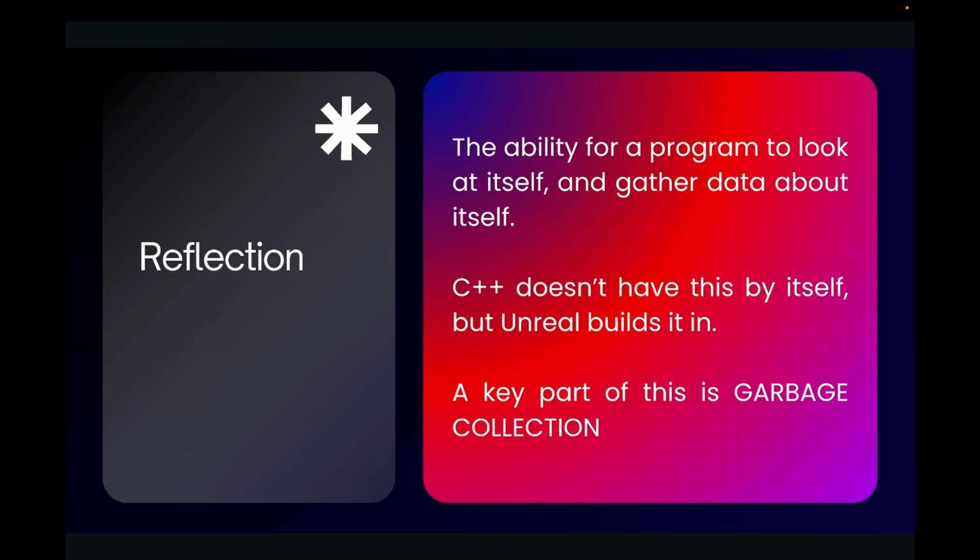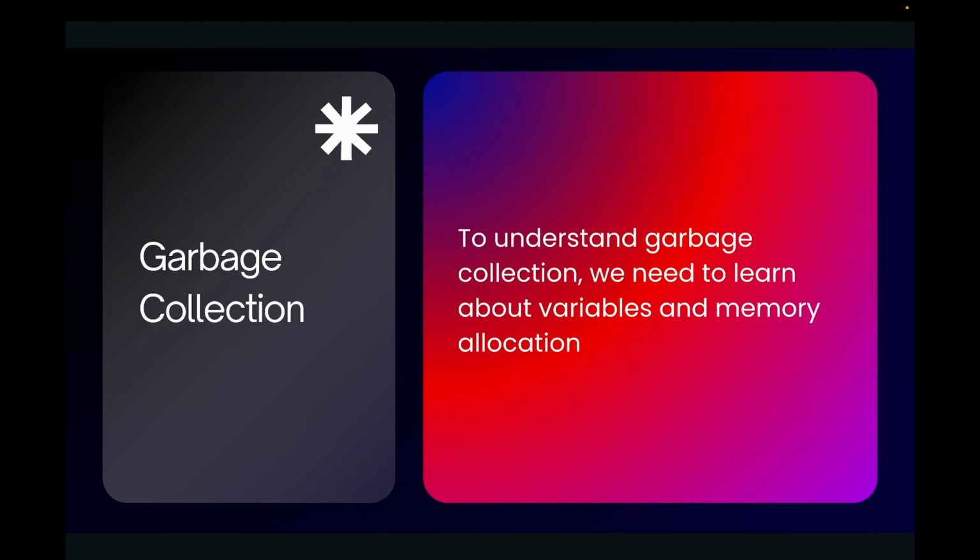However, Unreal does. And a key part of this is something called garbage collection. To understand, we really have to dive deeper into variables and memory allocation, but just know that without garbage collection, we end up with memory leaks. We end up with issues in our program when they run over long periods of time.